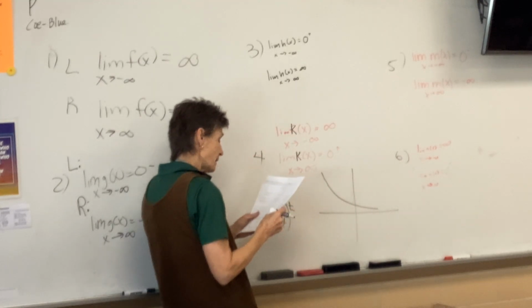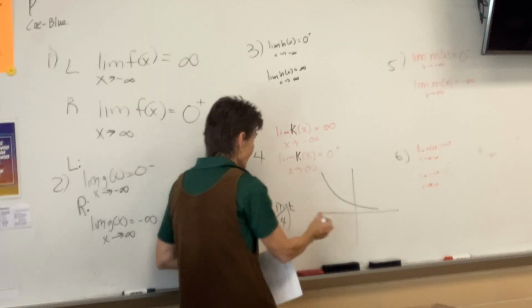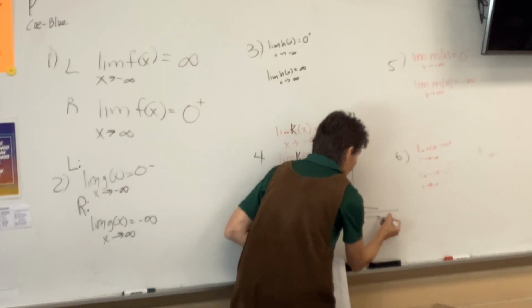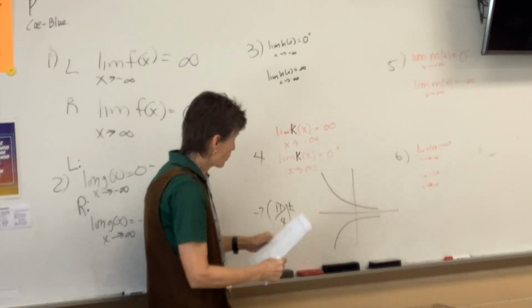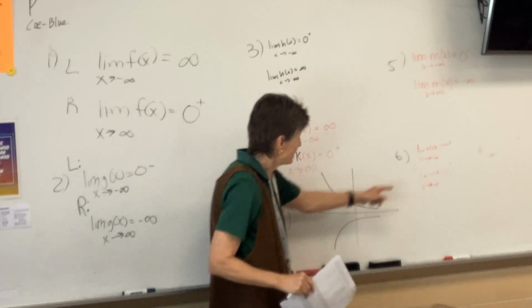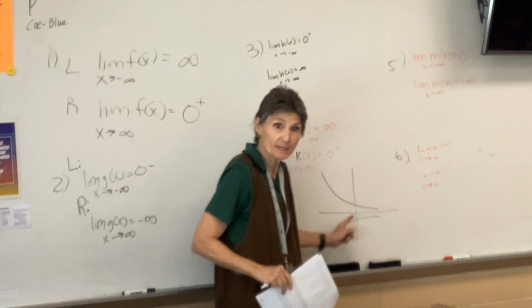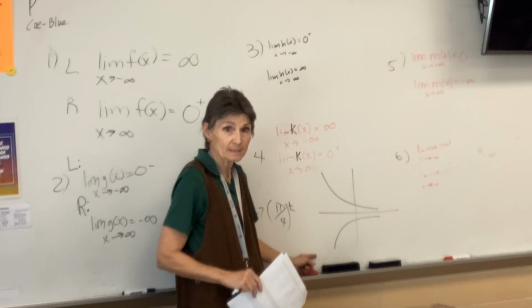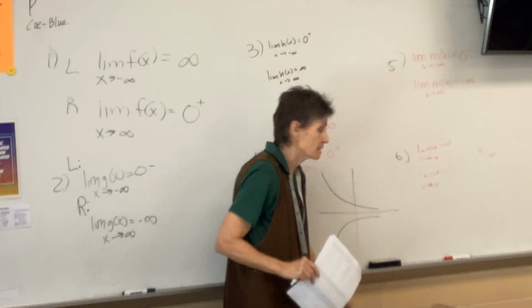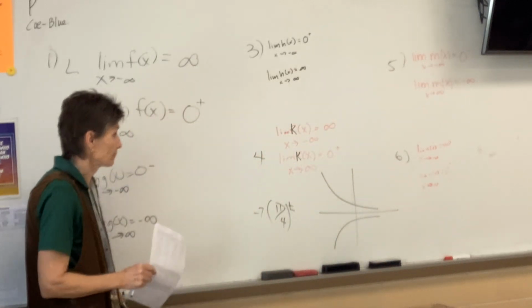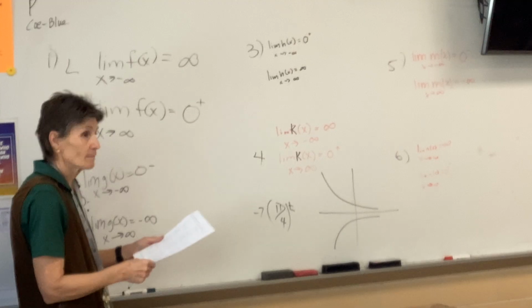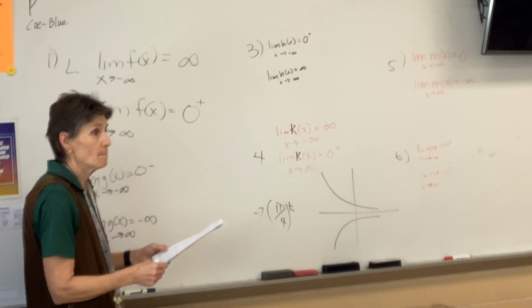Then when you put a negative in front of it, it's gonna turn it and make it look like that. So on the left side, it is approaching negative infinity. Does that make sense? And then on the right side, it's turning into 0. Anything else on that?